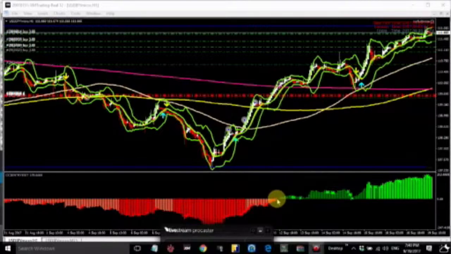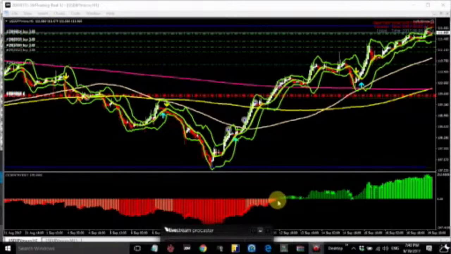We have this kind of thing also like MACD. MACD all depends on the settings. But the setting you see here is CCI 200 period, based on this 200 period moving average.